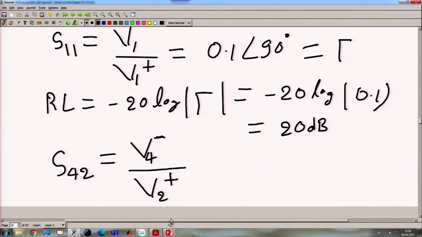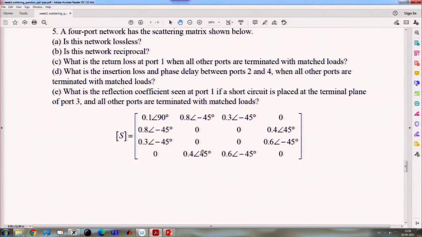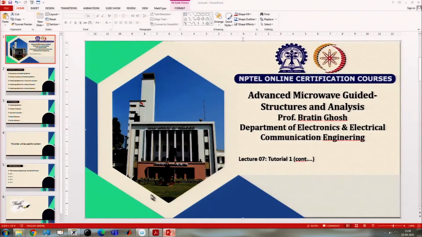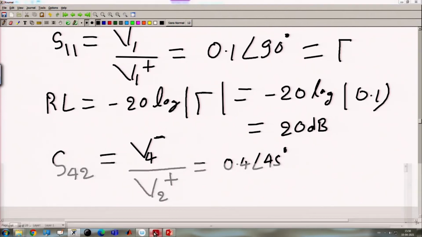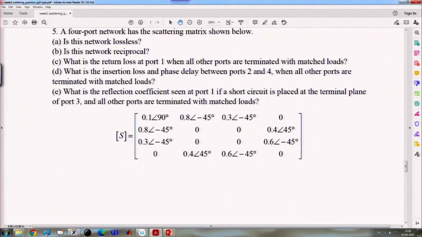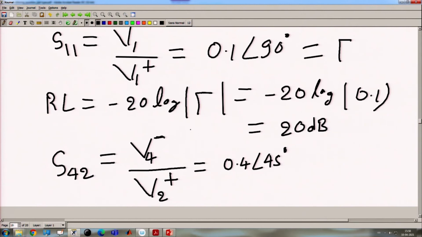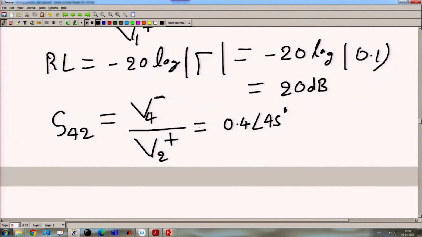So, all are terminated with match load, that means this part, 0.4 45 degree, will be the S42, and from this we will get phase delay 45 degree.